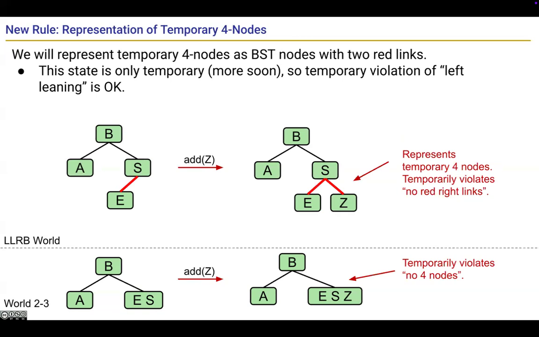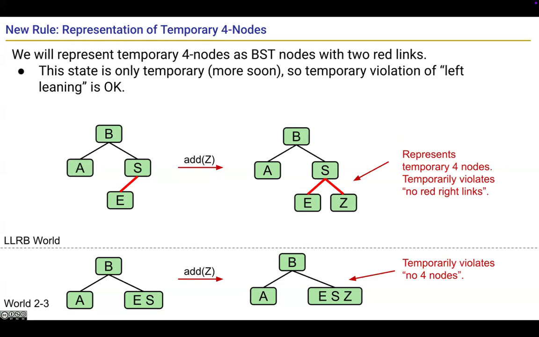Okay, finally, we'll represent a temporary 4 node with 2 red links. We're going to temporarily violate our left leaning. So we add Z to this structure. Where would Z go when we add Z here? It goes just like this, yes? Is this the appropriate corresponding structure to this?